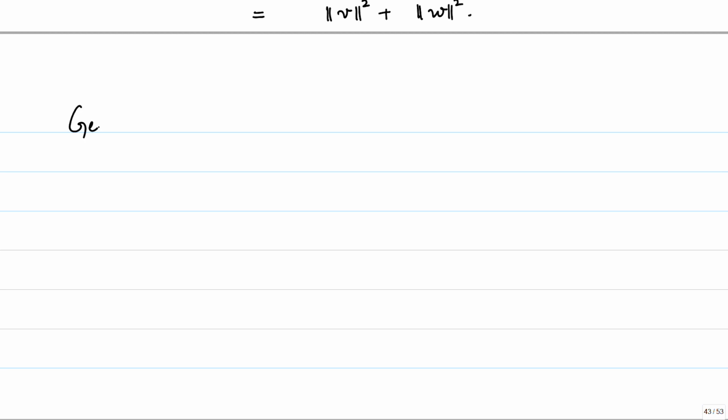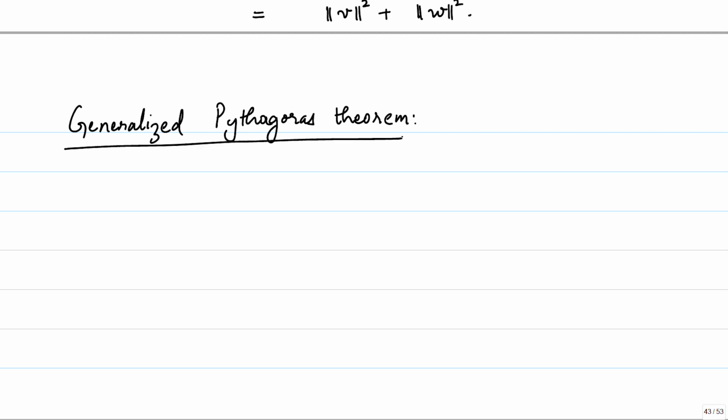So let me just write that down. Let me call it the generalized Pythagoras theorem. Let V be an inner product space over F, and suppose V1, V2 up to Vn are vectors which are mutually orthogonal.